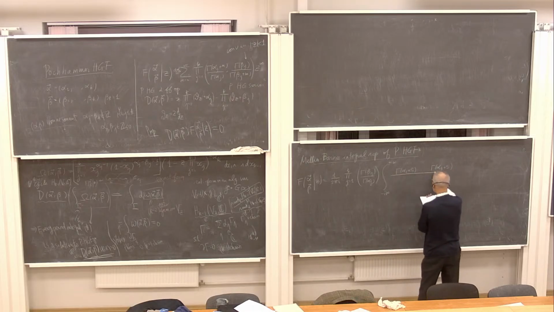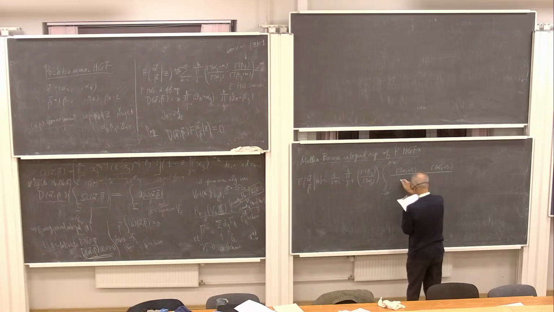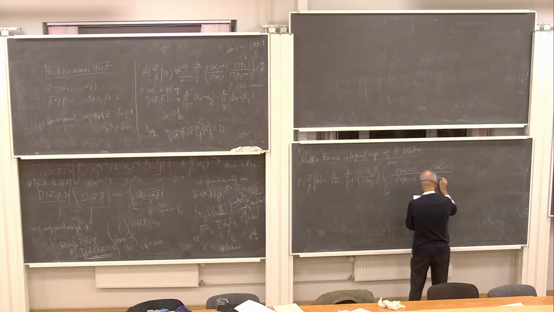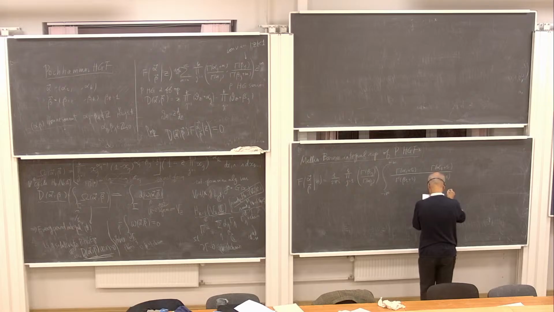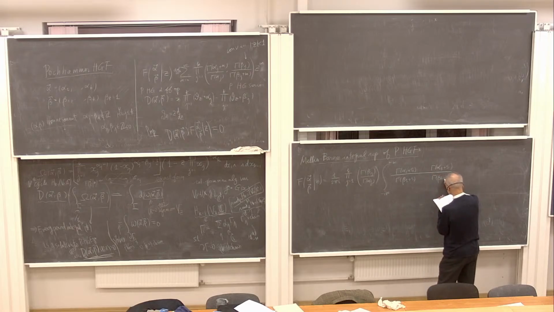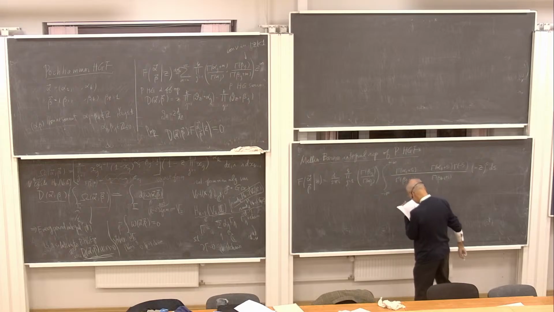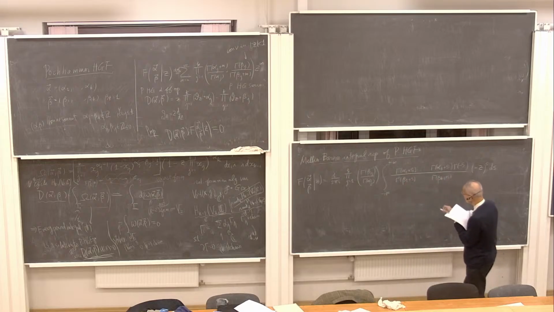In the numerator I have this gamma function, and in the denominator I have k minus 1 gamma functions, and gamma of minus s, and minus z to the power s, ds. What is this integration path?